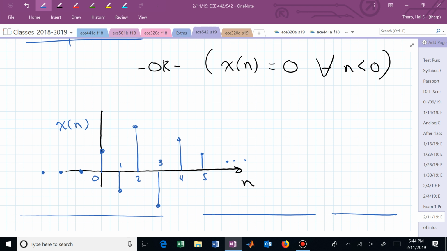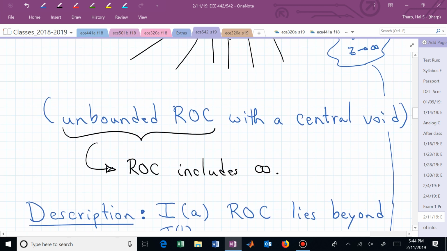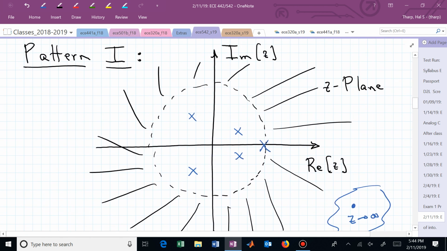That's the implication of this first pattern. If you have this region of convergence pattern, you can immediately say, I have a causal sequence, x of n. You don't know how it's behaving, but you know that it's only defined for n greater than or equal to 0. Little x is only defined for non-negative values of its index.